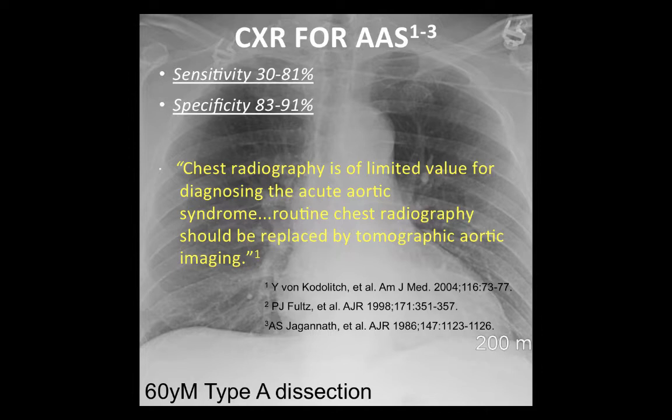That being said, I think that we will continue to see chest x-rays performed in patients who present with chest pain, not necessarily to rule out aortic dissection, but to help detect any other potential causes of acute chest pain.